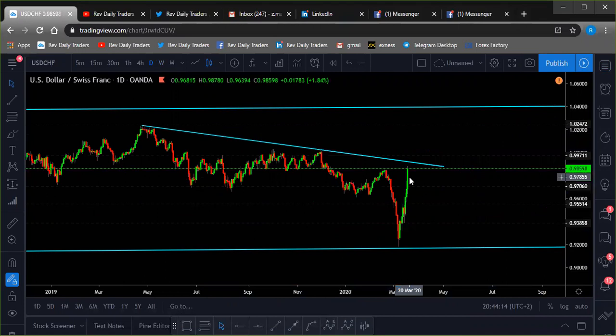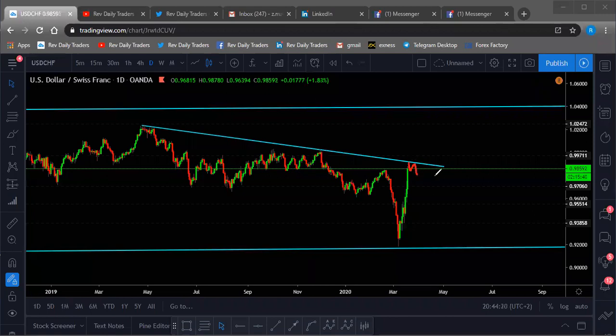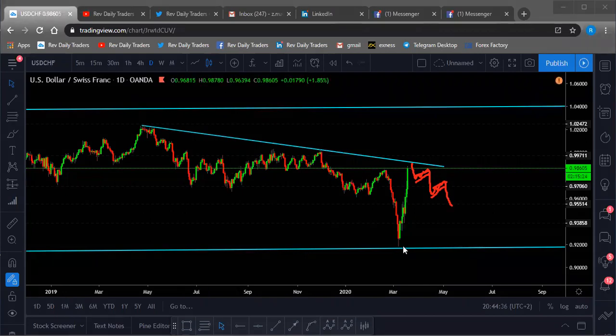So all you need to do now is watch this high for a bigger correction, okay? That bigger correction might give you one more down like this, to see.